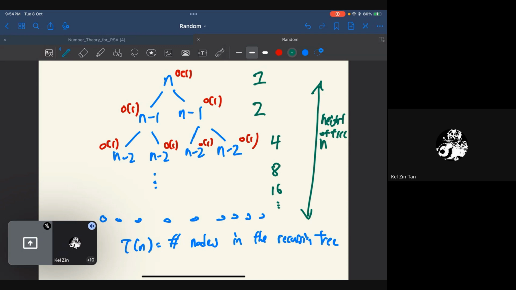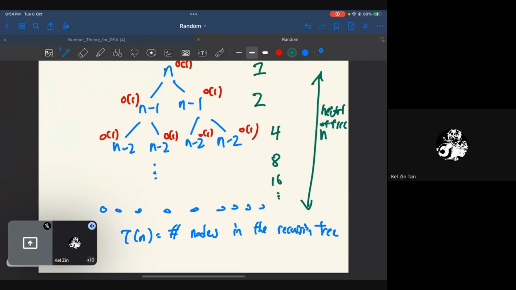In each step we basically multiply by 2 again, so this is an exponential growth. So the total number of nodes we have is 1 plus 2 plus 4 plus 8 until 2 to the power of n.